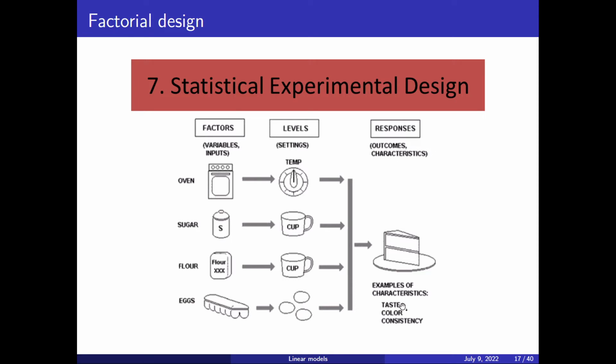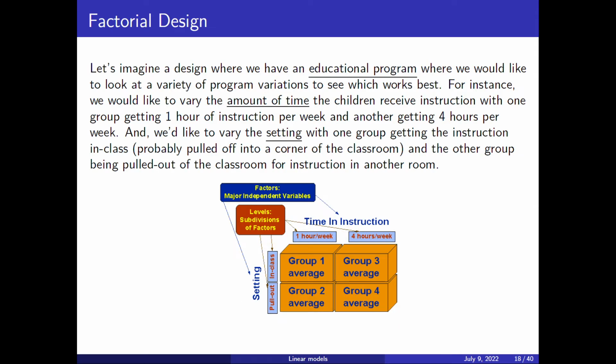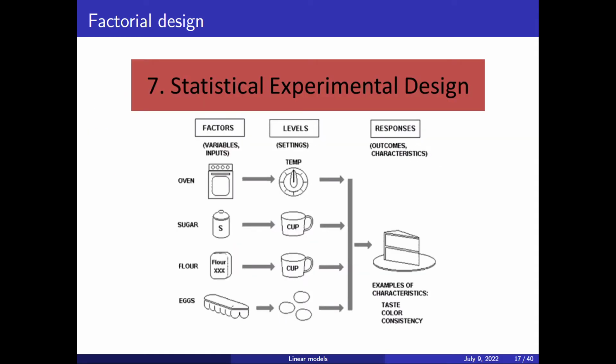But okay, let's say that these are our factors. Now with this factorial design, we open a new door. We open a new possibility to see whether there could be combinations that cannot be explained by the factors alone, but by the synergy of these factors.